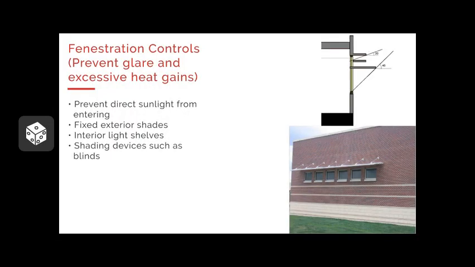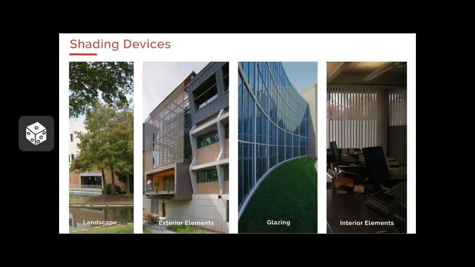Remember, look at your design. It could be multiple different light shelves, internal, external, and that's going to be your design that's never going to change. But then you also need some shading. These shading devices can either be fixed, like I mentioned, or not fixed and changed seasonally, or even use landscape.